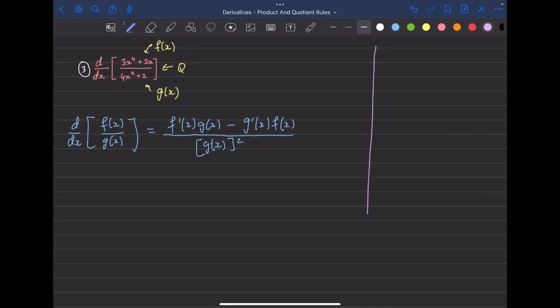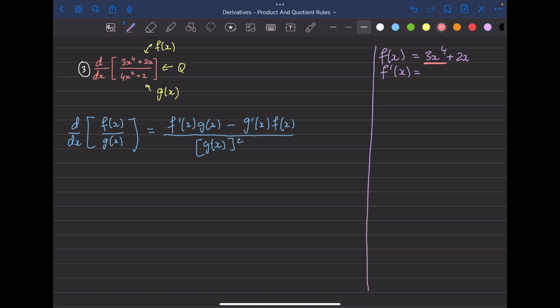So once again, on the side, I'm going to write down everything that I want. First we need f of x and f prime of x. So let's write both of those down. f of x is equal to 3x to the power 4 plus 2x. Once again, I got that from the question, because we know that the top, or the numerator, is f of x. For f prime of x, what we can do is take the derivative of the top.